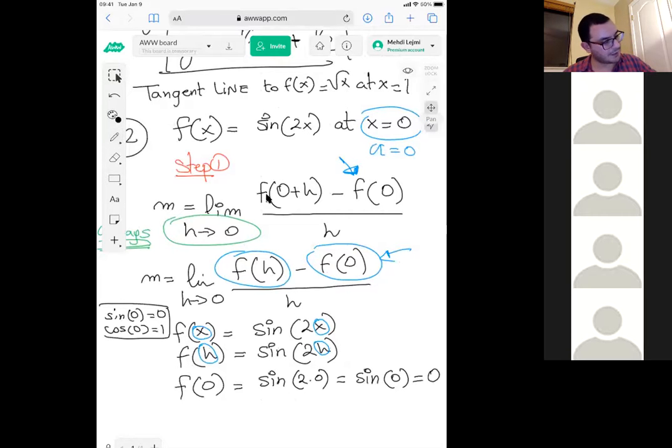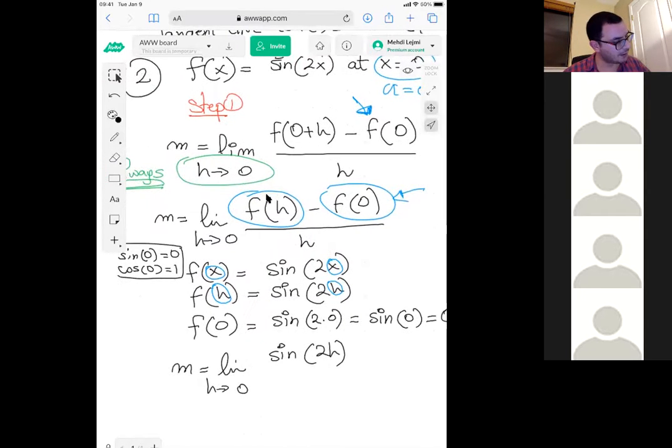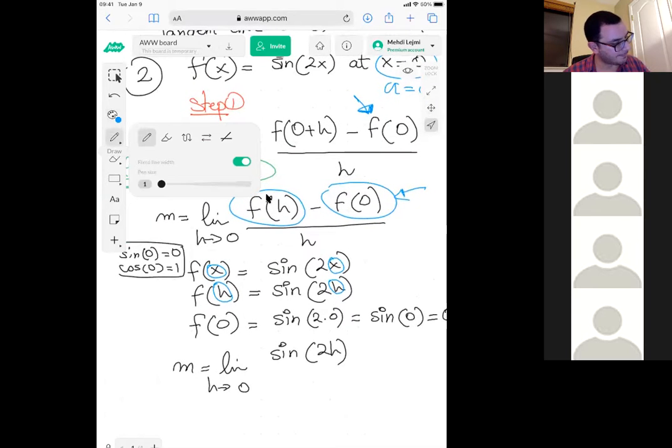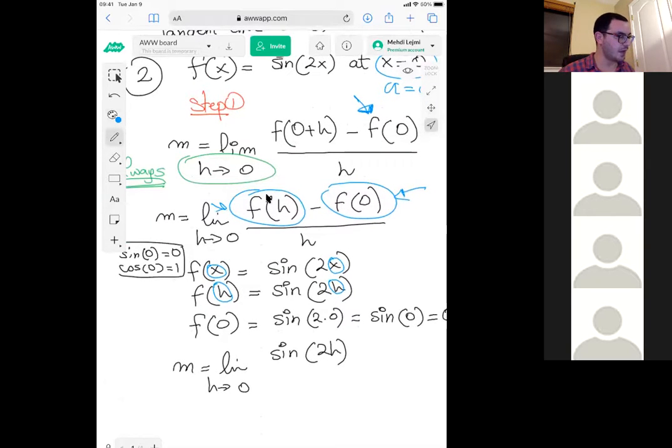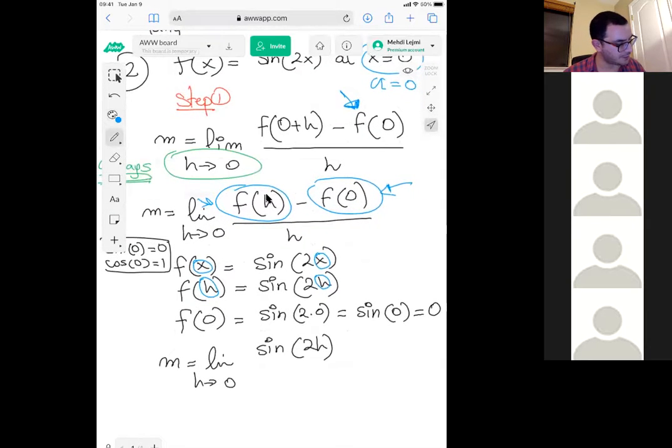All right. So now we can compute m. Then m is the limit as h goes to 0. f of h is sine of 2h, that's my f of h, minus f of 0, which is 0.